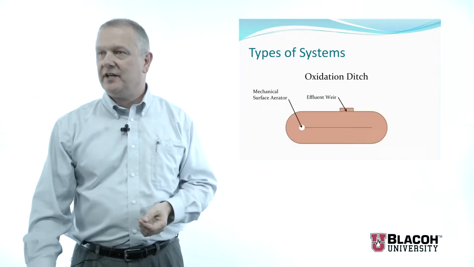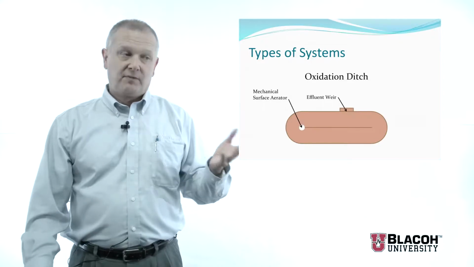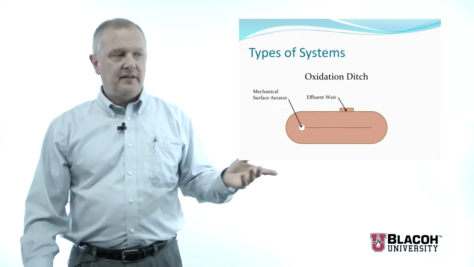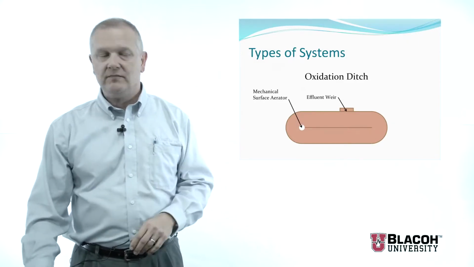This is the oxidation ditch I was talking about. This is the most common type of tank that's used with mechanical aerators. In this system, the tank looks sort of like a racetrack. It's an oval.